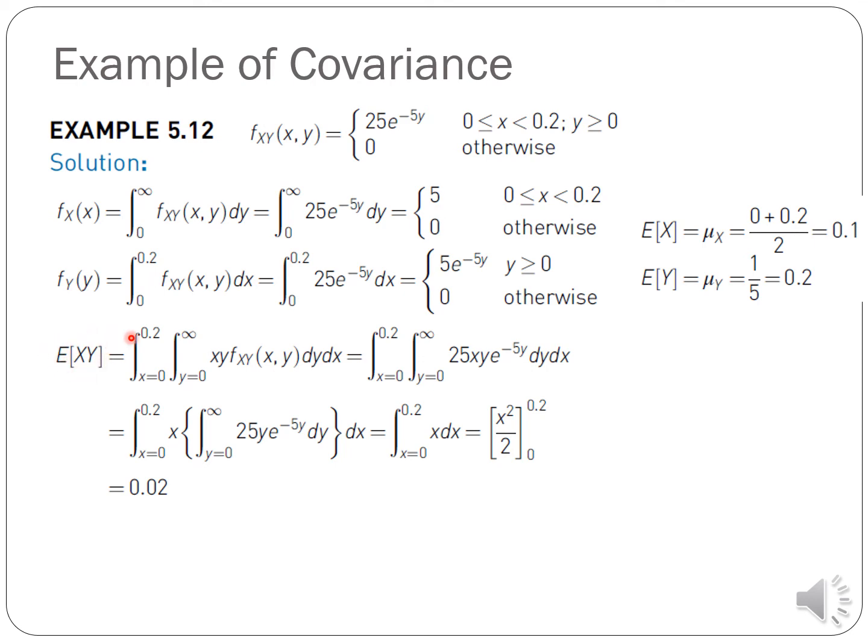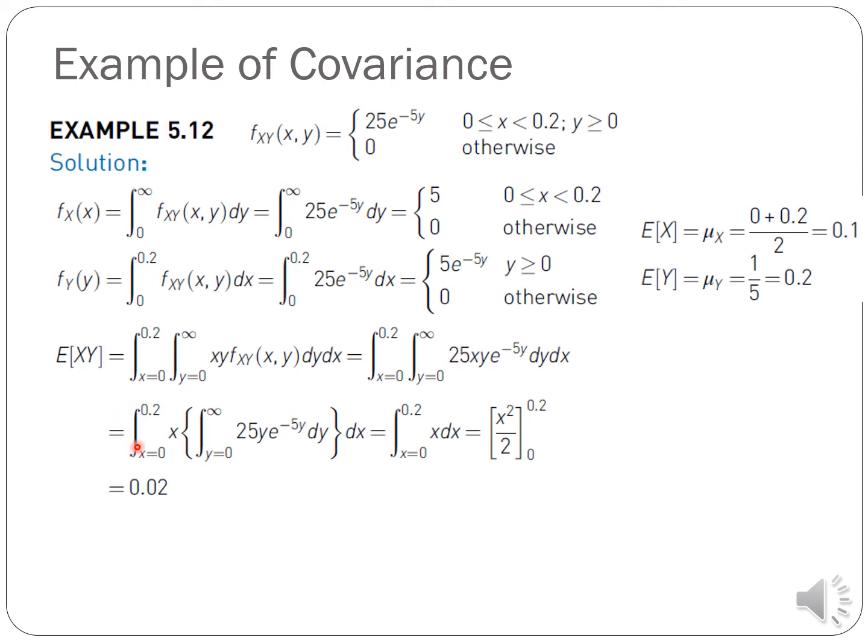To find the expected value of xy we have to integrate it twice, one for x and another for y. So we have to use the limits individually for x and y here.